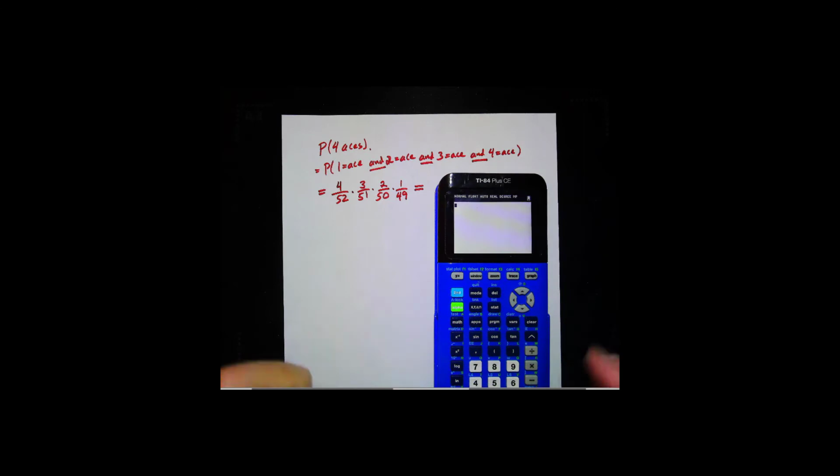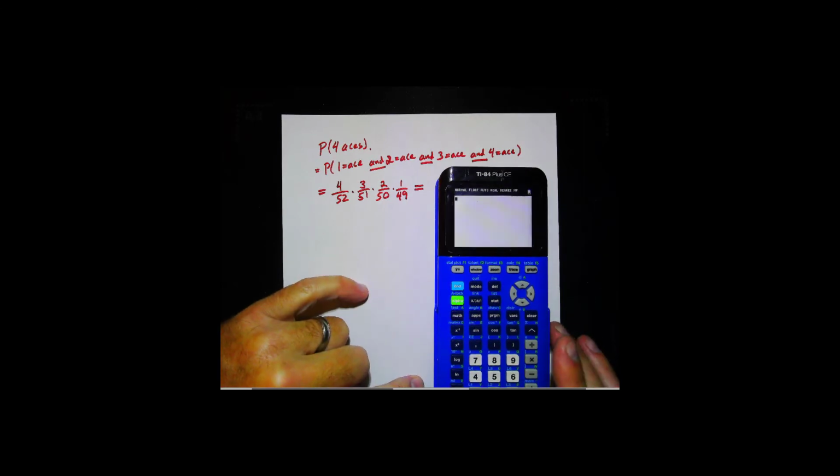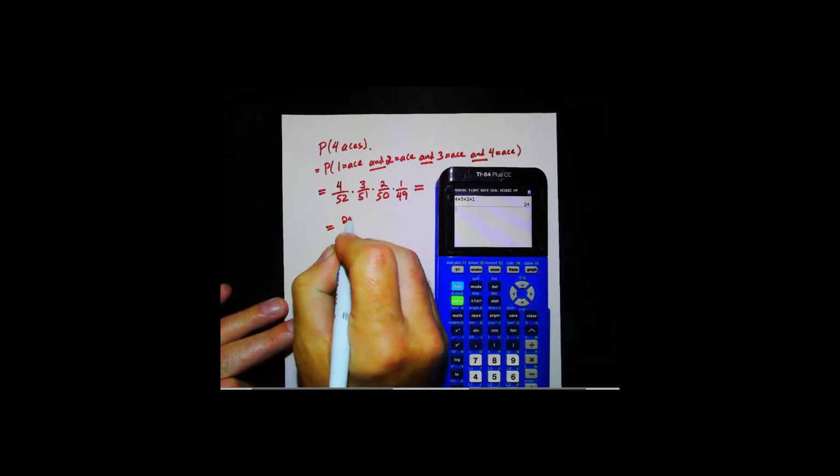So what does that add up to? We'll hold out our trusty calculator and do 4 times 3 times 2 times 1. That's 24. So the numerator is 24.